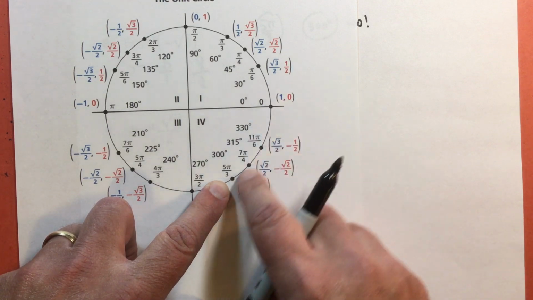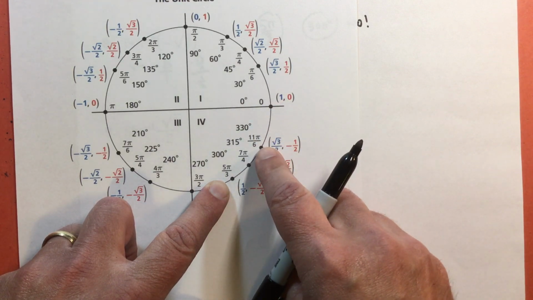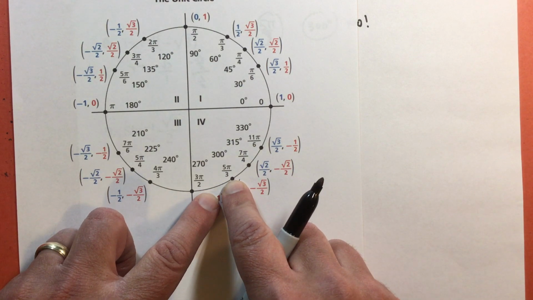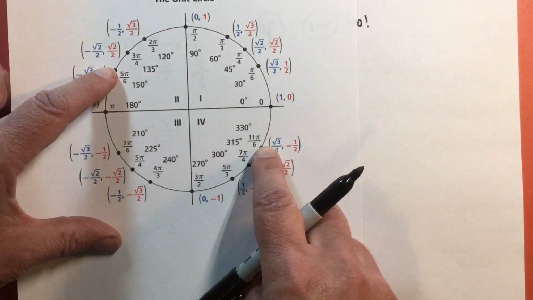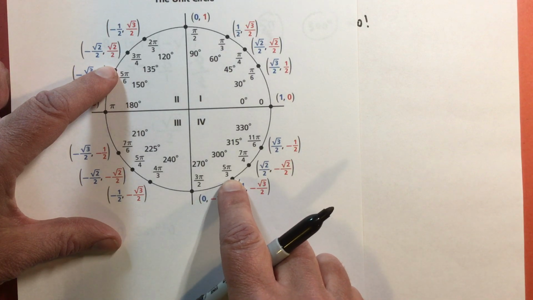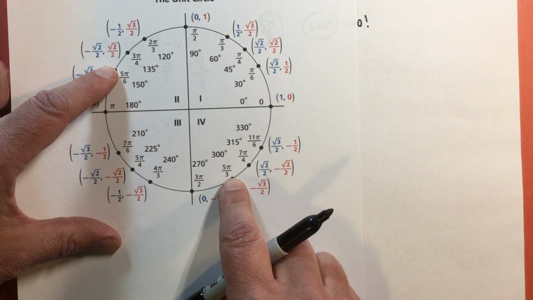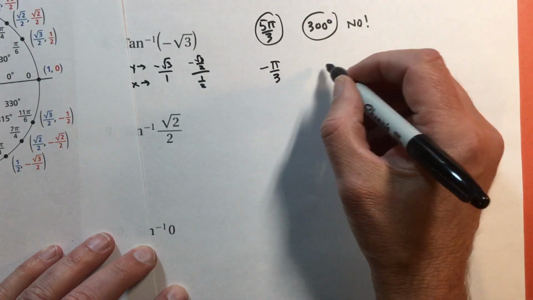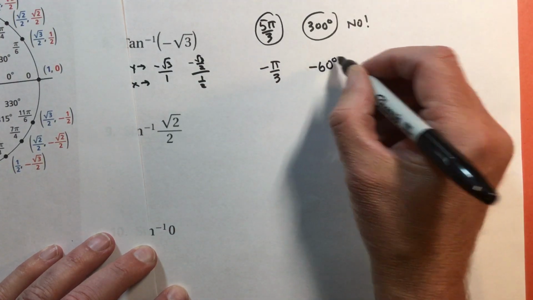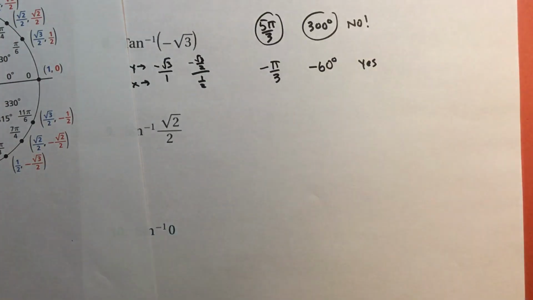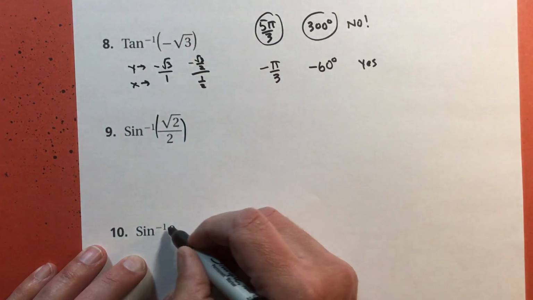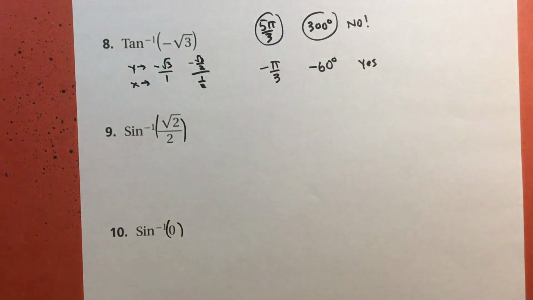So with a negative angle, this is negative 1 pi over 6, this is negative 2 pi over 6, which becomes negative pi over 3, which is negative 60 degrees. I don't know why they put parentheses sometimes, but they don't all the time.